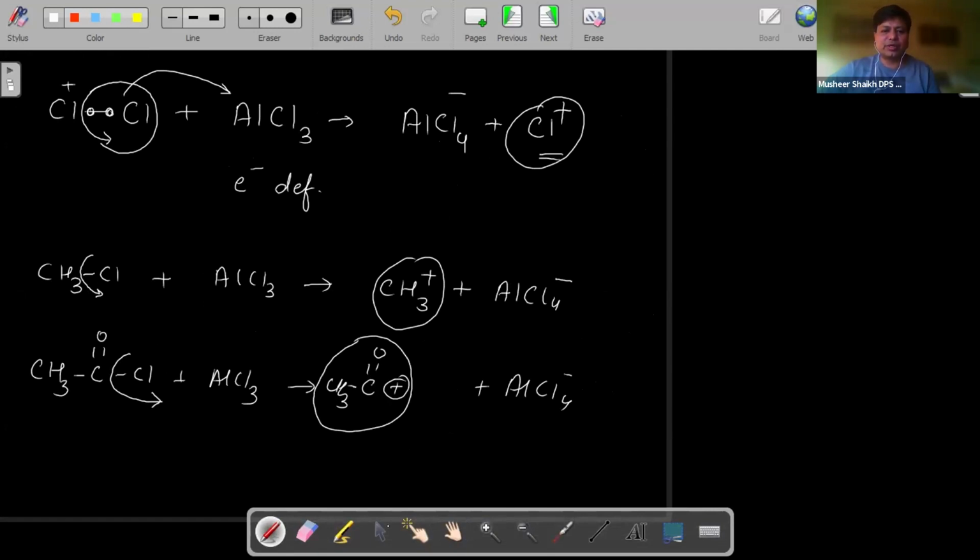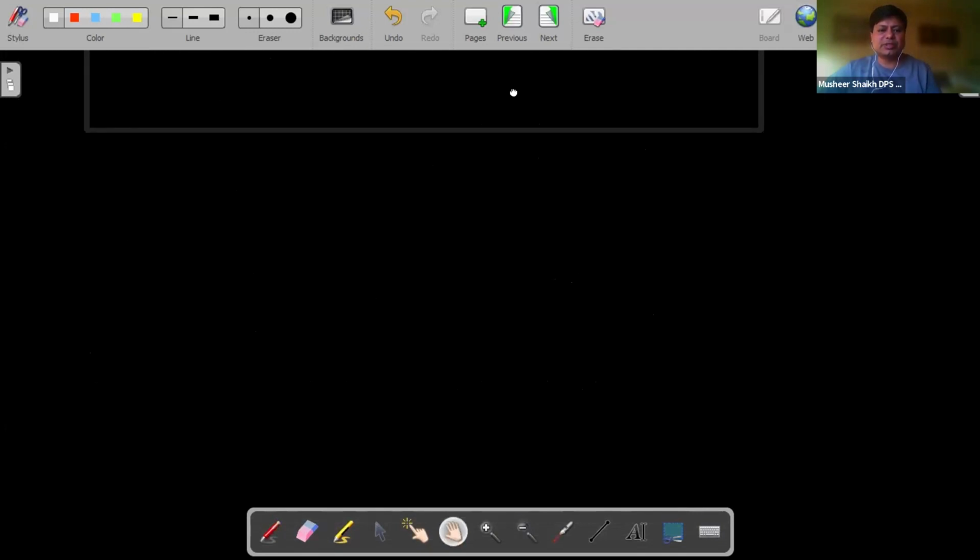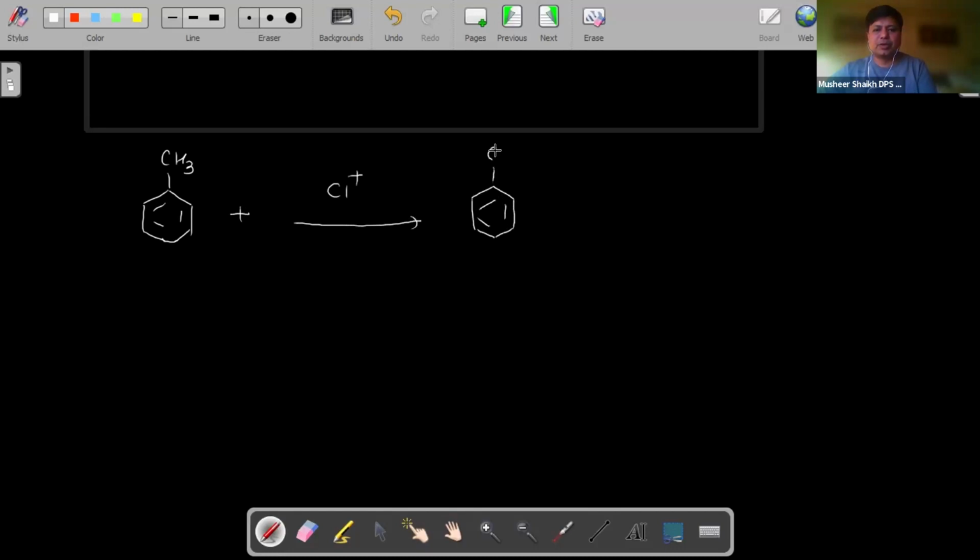Now, all these electrophiles go and attack the benzene. For example, benzene, or we can call the substituted benzene toluene, reacted with Cl plus, will give chlorobenzene, either ortho or para. Here you will get more of the para, because it is more symmetrical. This compound is major because of its symmetrical structure.